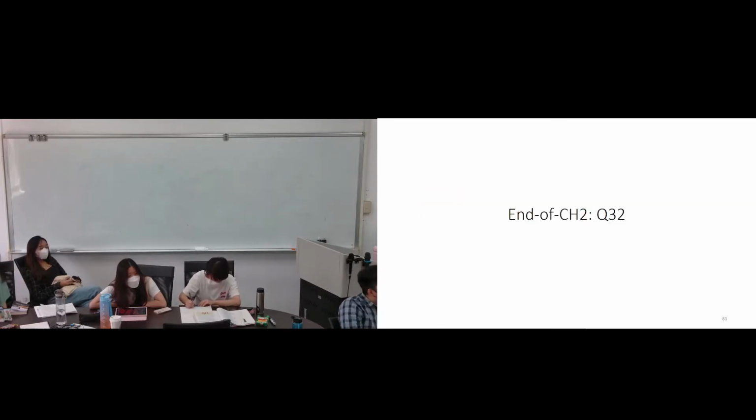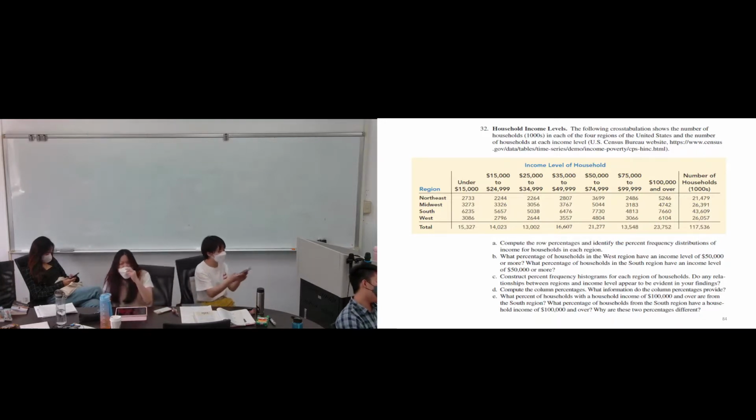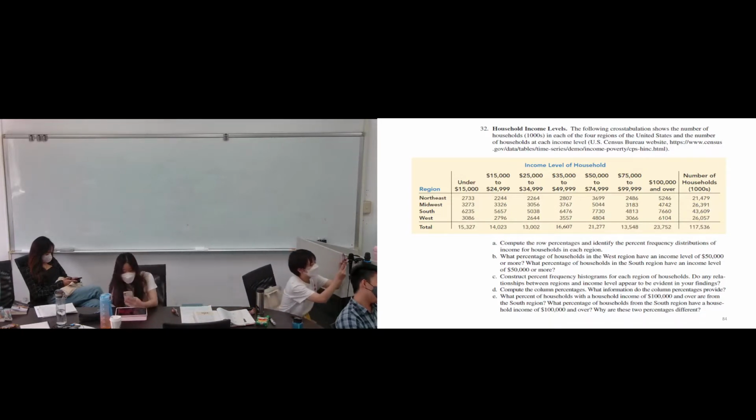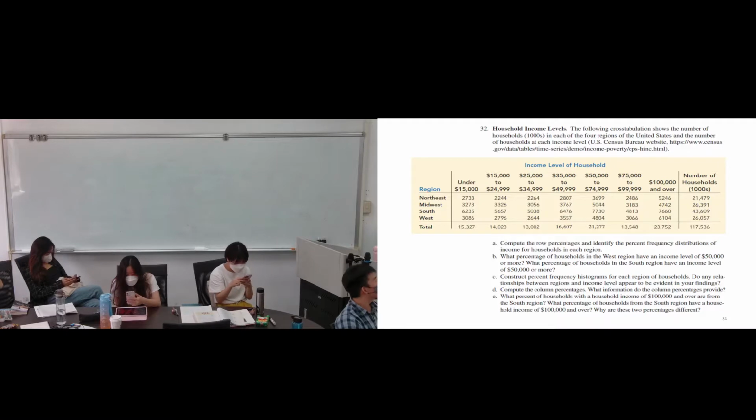Let's see the last question. Question 32, end of chapter 2 exercise. So there are 5 sub-questions. A, compute the row percentage. Okay, so this is the original table. There are two variables.